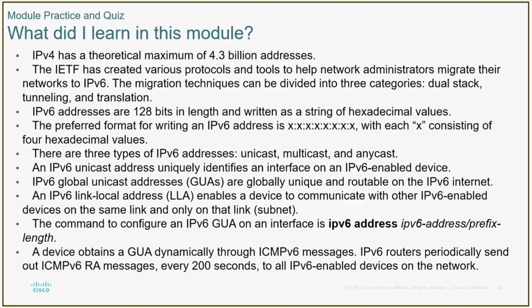The command to configure a global unicast address is the ipv6 address command. The device obtains a global unicast address dynamically through an ICMPv6 message. And so, of course, that's a router solicitation followed by a router advertisement. IPv6 routers periodically send out those router advertisements every 200 seconds, so it keeps all the hosts up to date, basically.